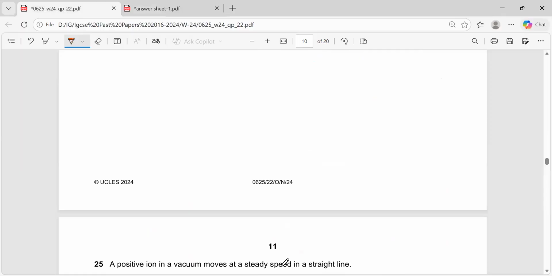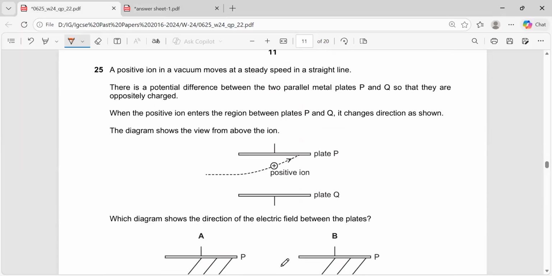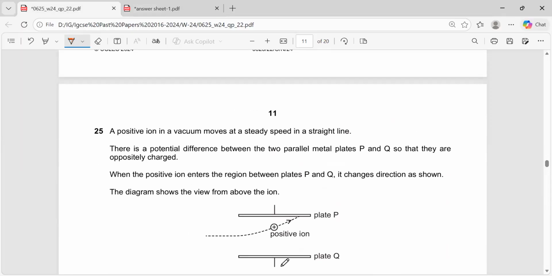Question 25. That is also a simple question, but let's see. A positive ion in a vacuum moves at steady speed in a straight line. Straight line means constant velocity. There is a potential difference between the two parallel plates P and Q, so that they are oppositely charged.